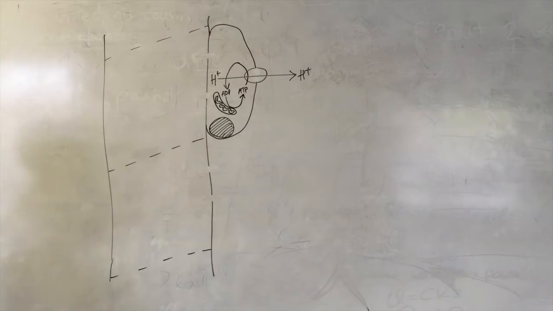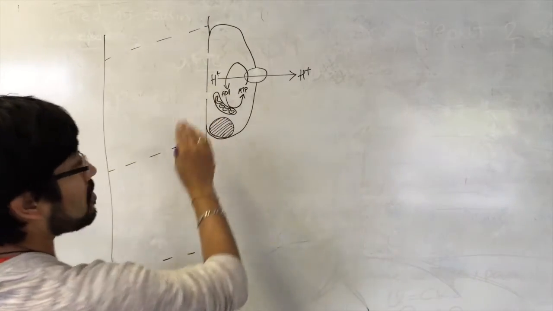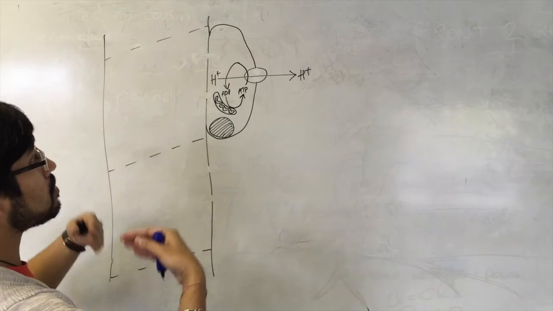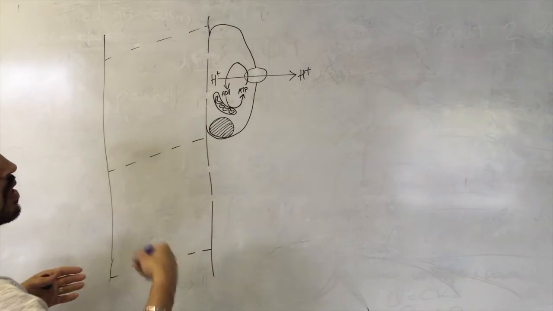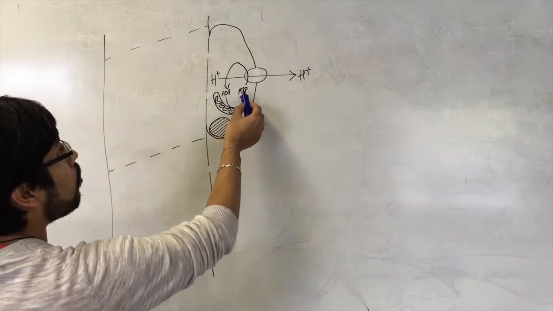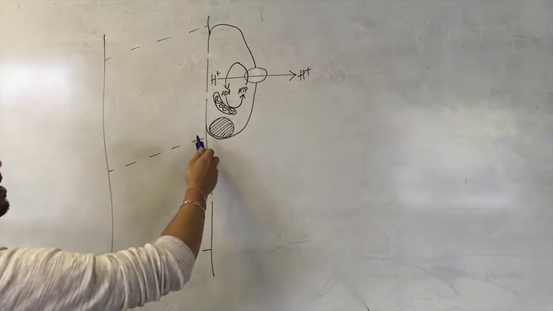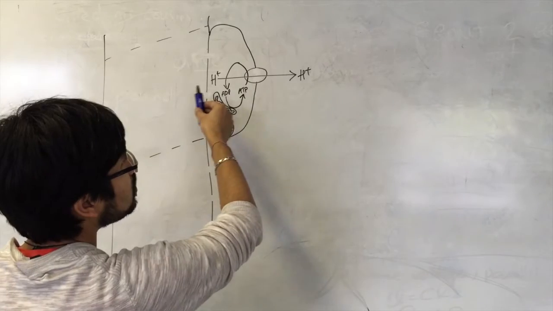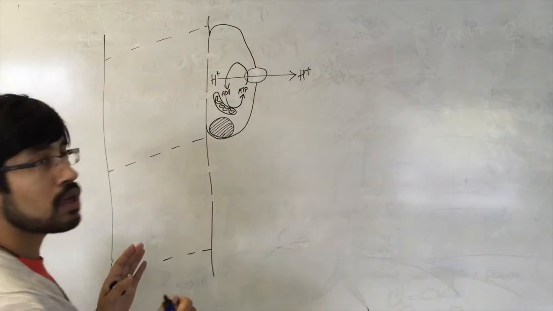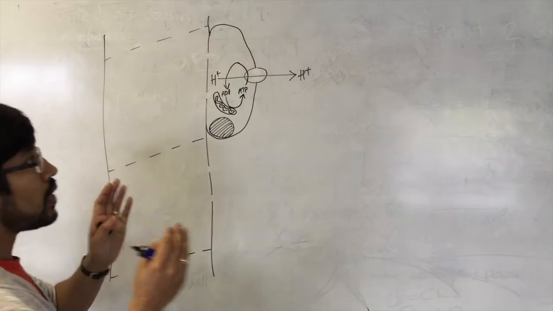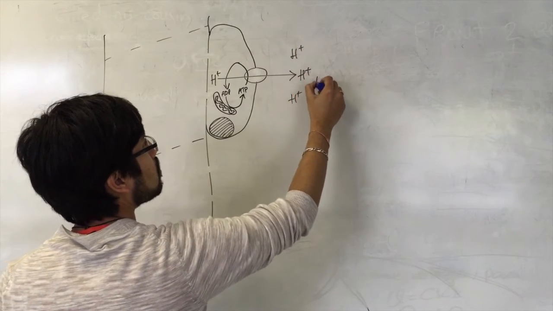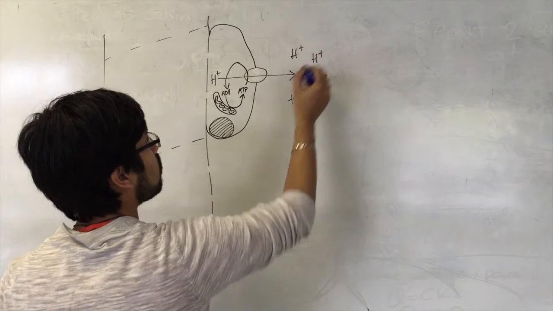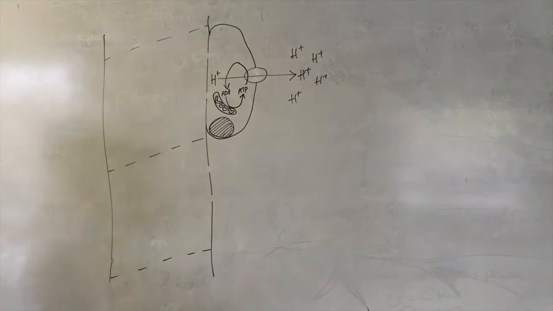Okay, that's step one. And that's why we need lots of mitochondria, because the more mitochondria we have, the more ATP we can produce. The more ATP we can produce, the more we can break down back to ADP and use the energy released to pump out protons. Over a certain amount of time, it leads to an accumulation of protons outside of the companion cell.